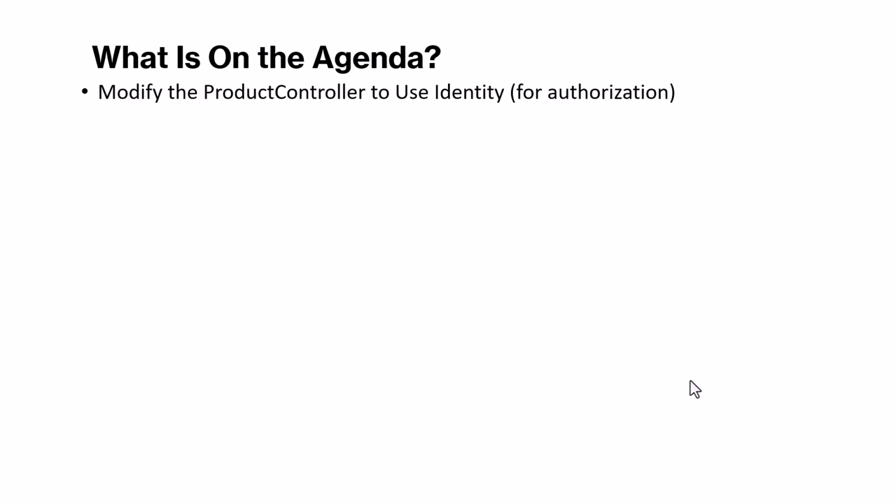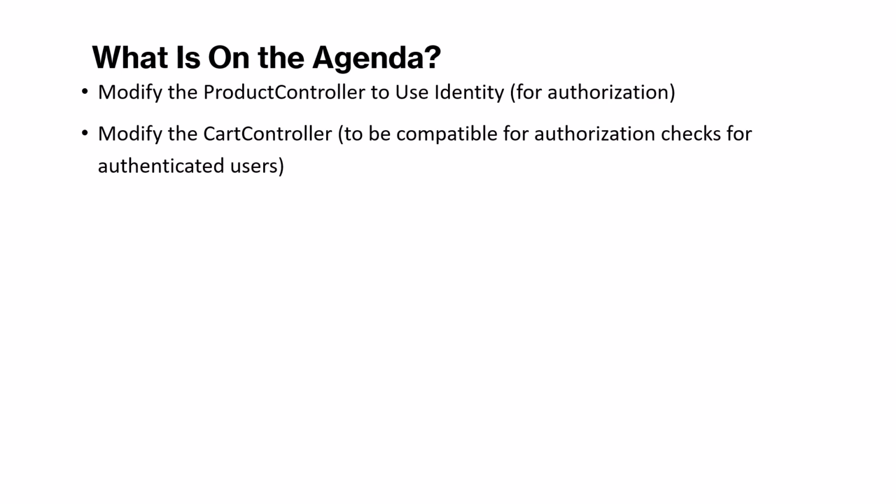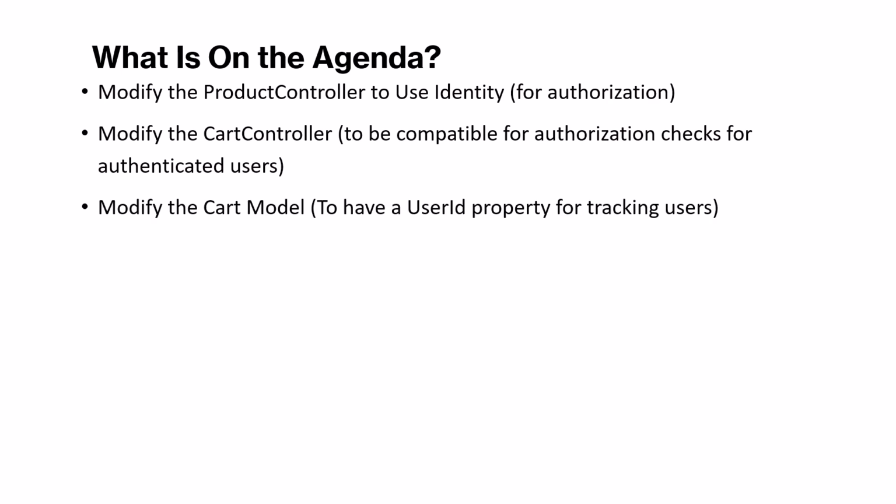What's in this agenda? Modify the ProductController to use identity for authorization. Modify the CartController to be compatible with authorization checks for authenticated users, and then modify the cart model. We already built the cart model, but we need a separate user ID property for tracking the users, because we are going to be authorizing the user to view only specific data.